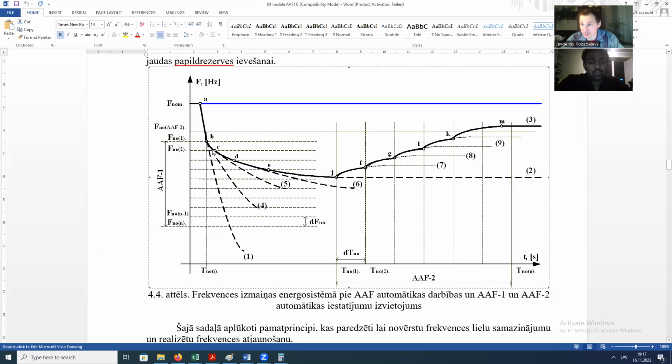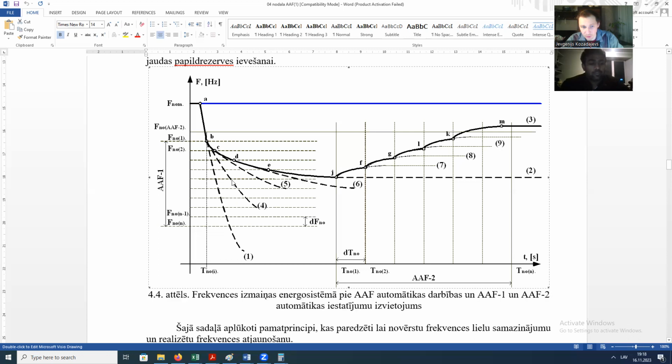Speed decreases, but it continues to decrease because we still have imbalance, and we disconnect the first group in point B, the second group of consumers in point C, the next one in point D, the next one in point E, and here, after we disconnected the third group of consumers, yes, we are in a balance here, because here you could see this curve stabilized and stopped to decrease.